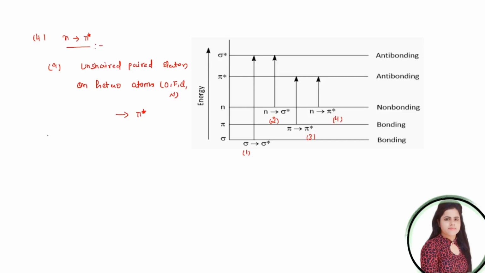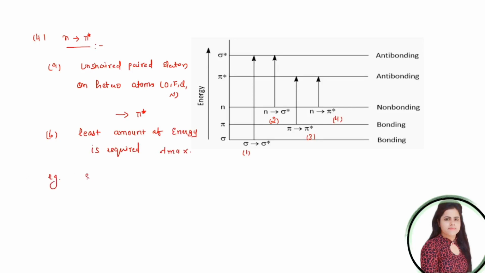So this is the definition. Then the second point is that here we need the least amount of energy. So when energy is least, it means lambda will be maximum. So here the wavelength will be maximum.